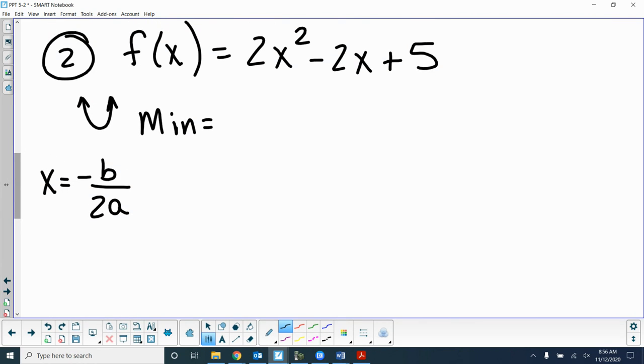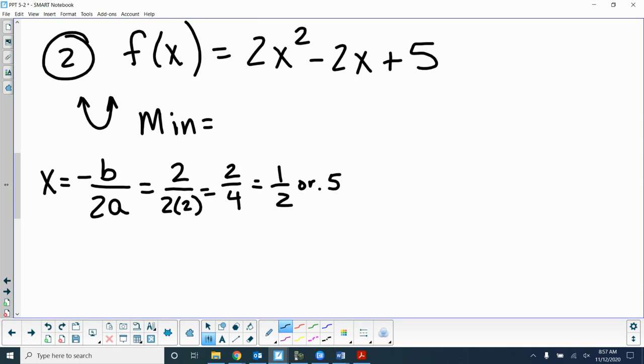All right, so negative b. If b is negative 2, negative b would be positive 2 over 2 times a, that's 2/4, which is 1/2, or you can use 0.5, that's fine. Okay, but that's not the minimum value, is it?